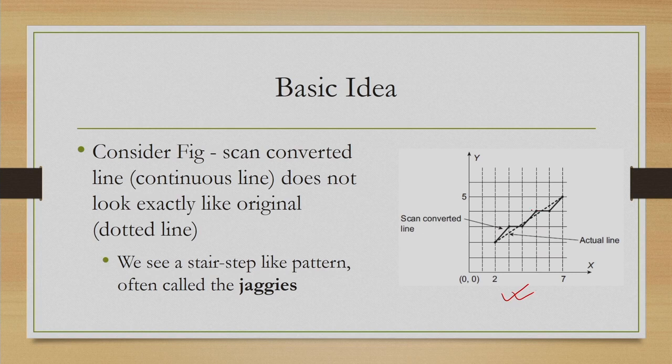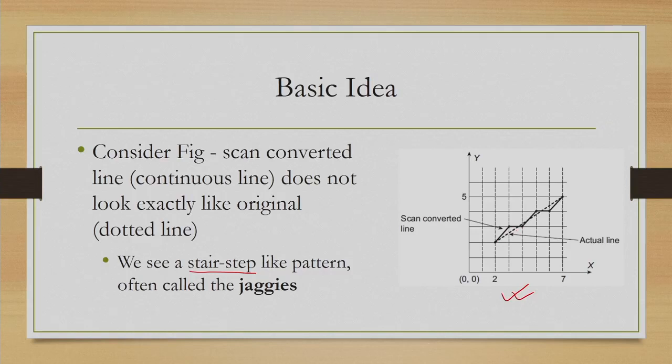So, we need to map those points to the nearest pixels, as we have seen in our earlier discussion. As a result, what we get? We get this scan converted line, which looks like a stair step pattern represented with this thick black line.